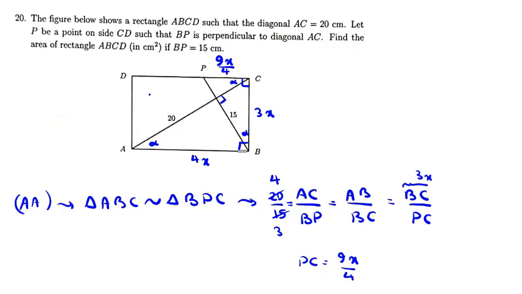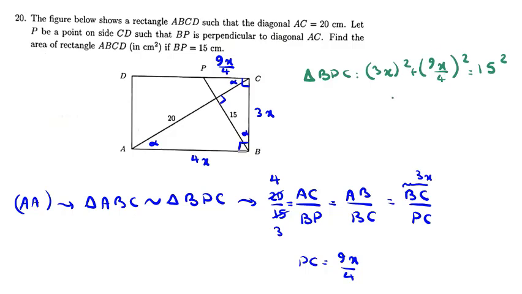The problem wants the area of ABCD, so if we find x, then we have AB and CB, then we multiply them. If we want to find x in this triangle PBC, let me write the rest of the solution in green. In BPC, if we use the Pythagorean theorem, then we have 3x squared plus 9x over 4 squared equals 15 squared.